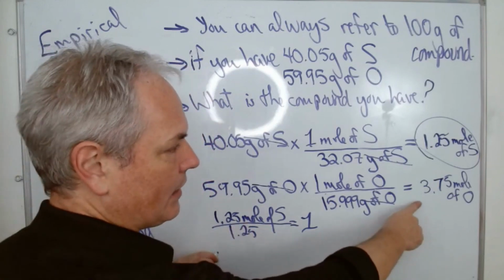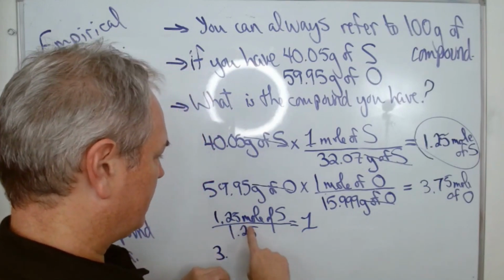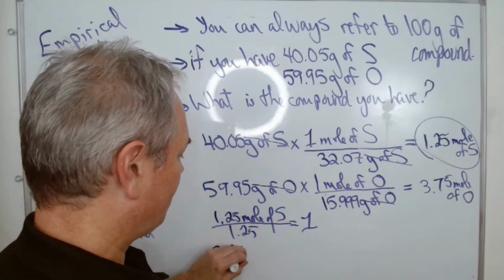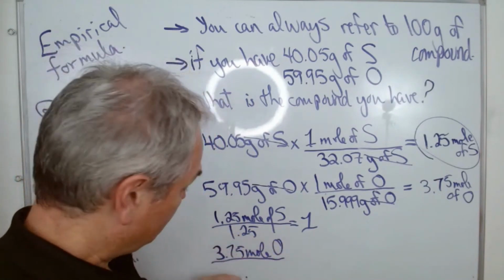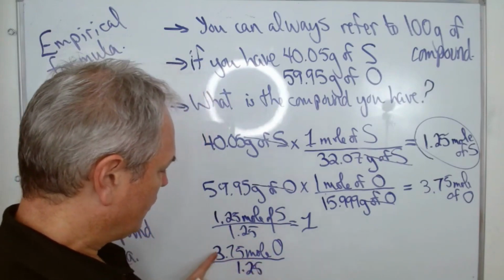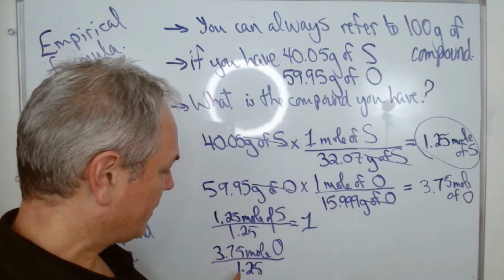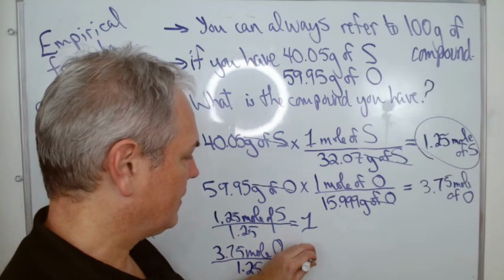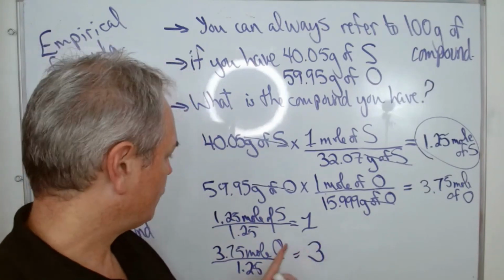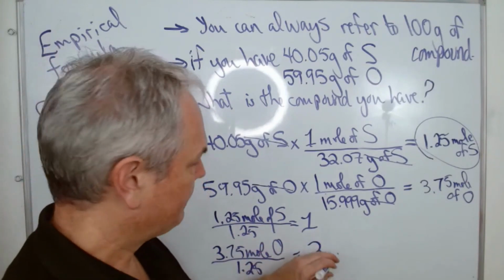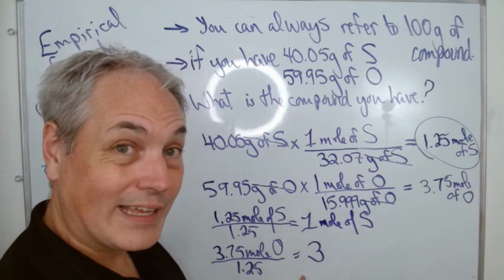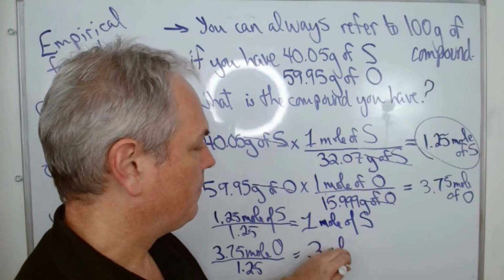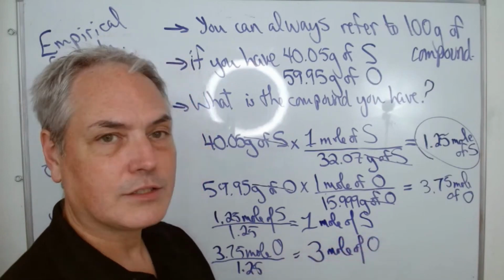The next one, I have 3.75 mole of oxygen divided by the same number, 1.25. 3.75 divided by 1.25 gives me 3. So here what do we have? We have 1 mole of sulfur and 3 moles of oxygen.